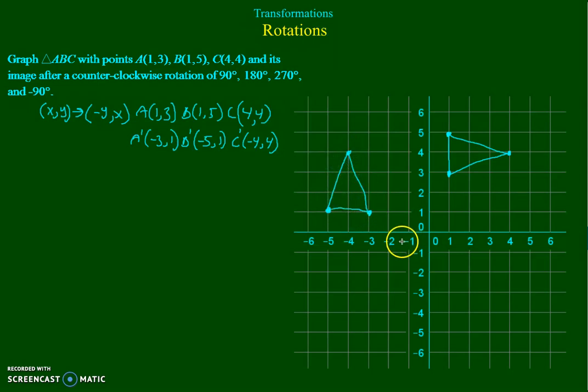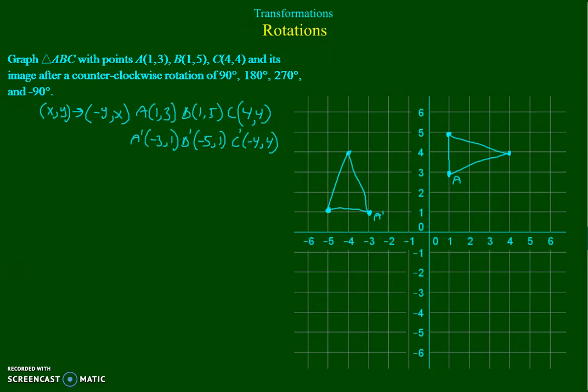Now, if we were to draw through any two sets of points, let's take 1, 3, this is A, and negative 3, 1, this is A prime. And let's go ahead and draw an angle.